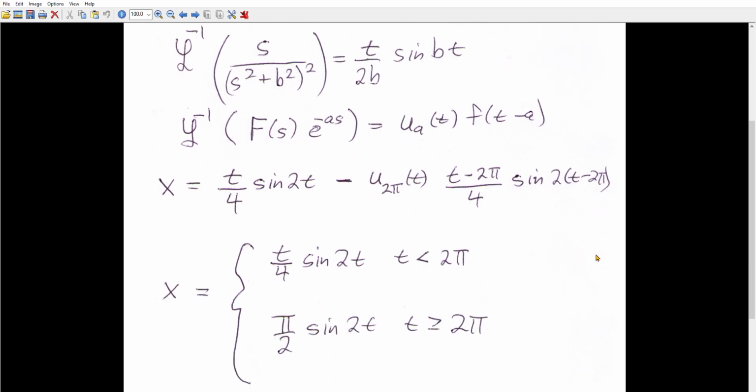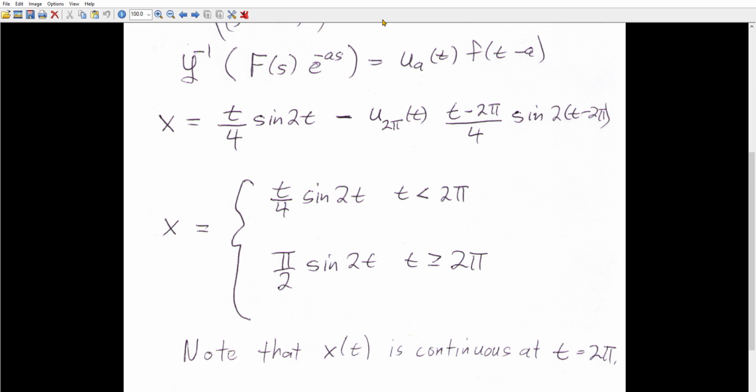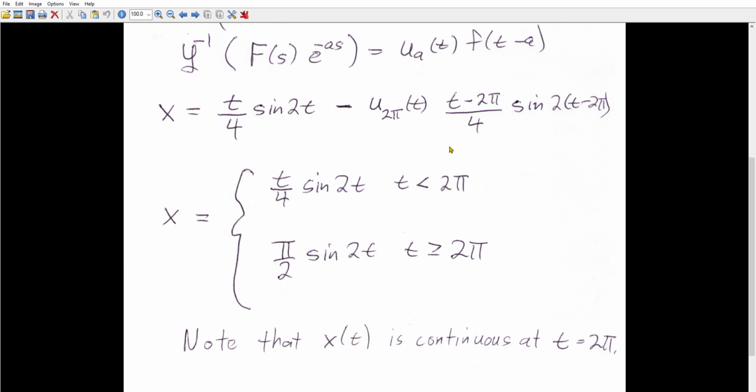Okay, now if you look at this expression, what you discover is that when t is less than 2 pi, this term is 0, and you've just got t over 4 sine 2t. And when t is bigger than or equal to 2 pi, this is a 1.